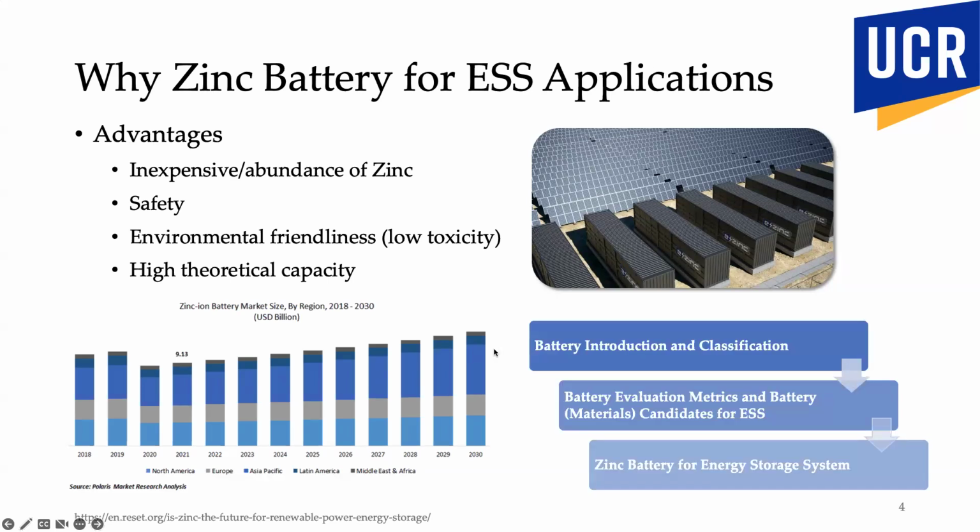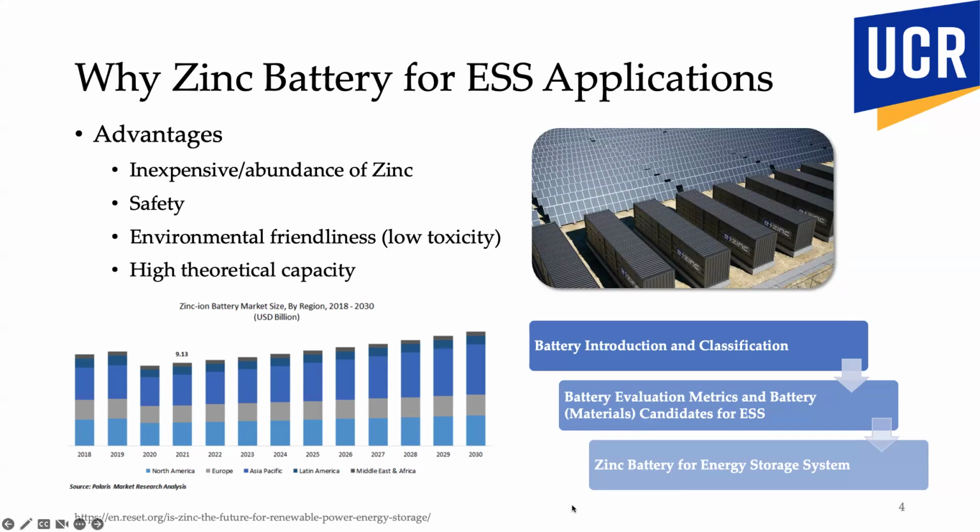In summary, in this video, we briefly introduced what a battery is and how it can be classified based on use case or material. We also introduced some evaluation metrics, especially for ESS, and the points we want to conquer from both the academia and industry side.